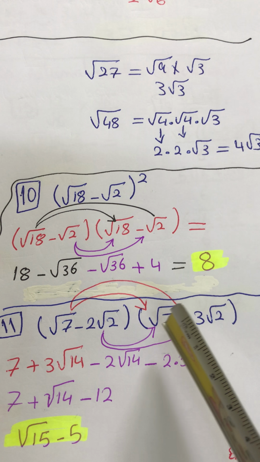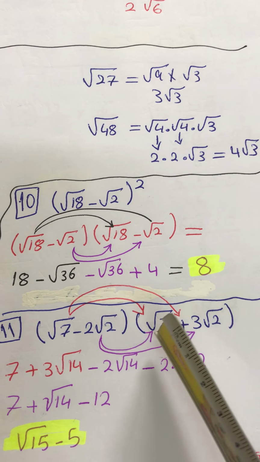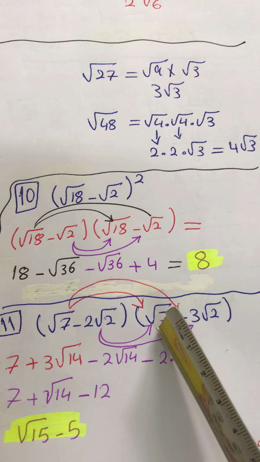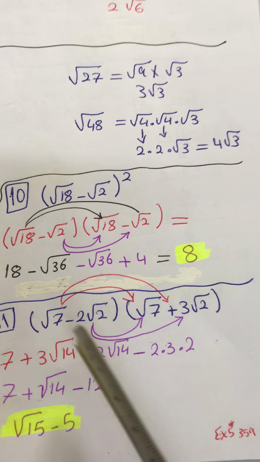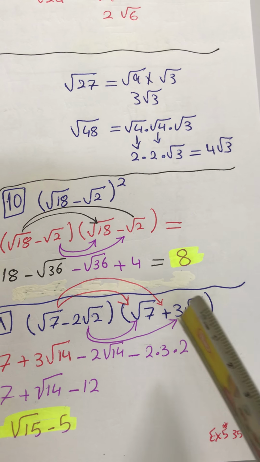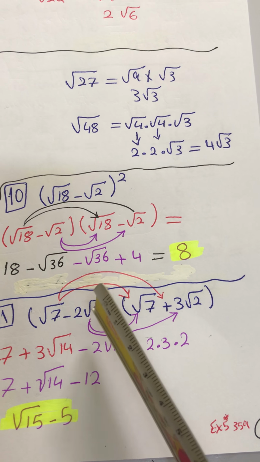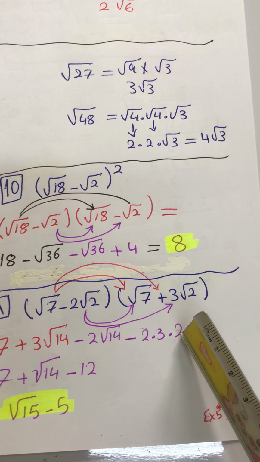Negative 2 square root of 2 times square root of 7 equals negative 2 square root of 14. Negative square root of 2 times positive 3 square root of 2: 2 multiply 3 is 6, so negative 6.